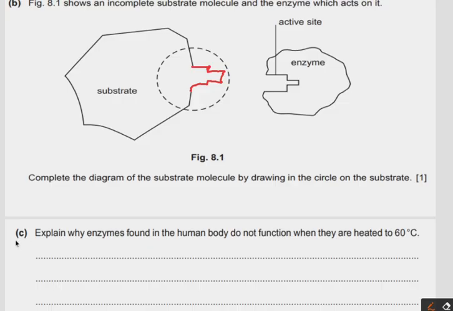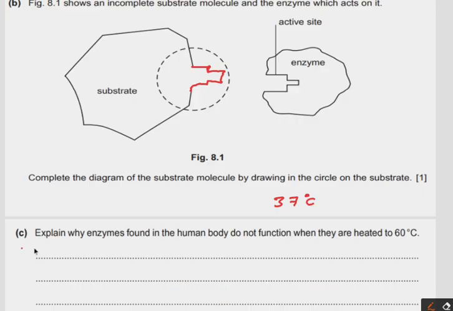Then for C, it says explain why enzymes found in the human body do not function when they are heated to 60 degrees. Usually enzymes are functional at 37 degrees, which is the normal body temperature. But if they exceed 37 degrees, they are going to undergo denaturation.